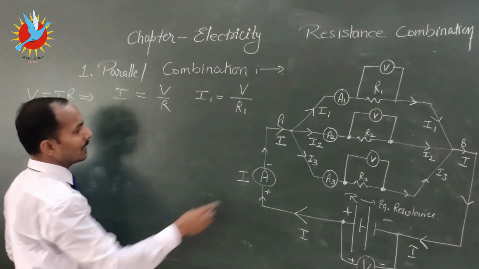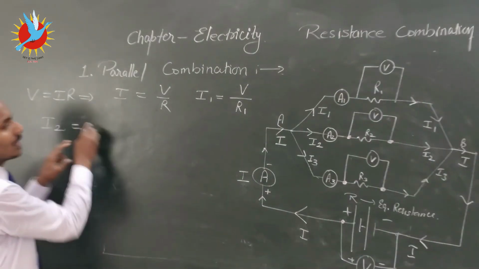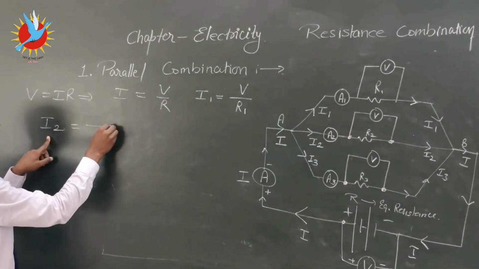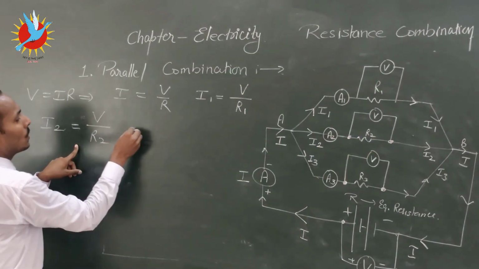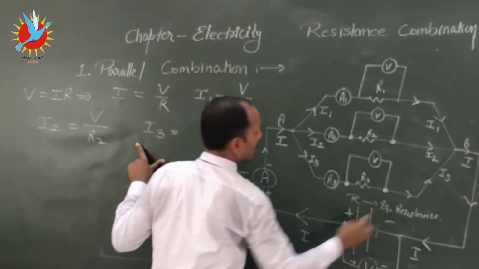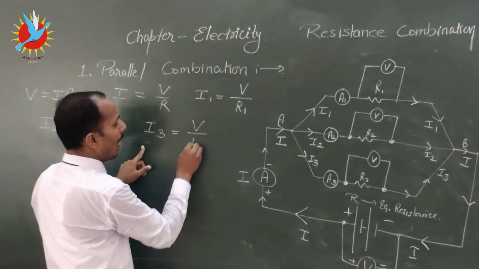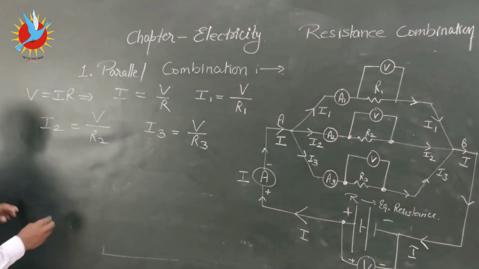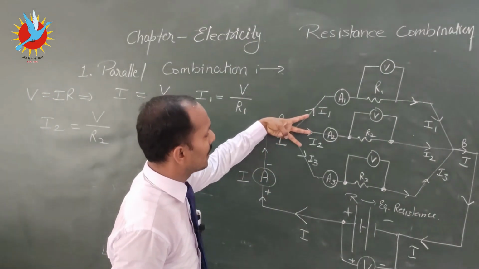In the case of the second resistor, the current is I2, because I2 current is flowing in this resistor, so I2 is equal to V upon R2. And I3 current is flowing in this branch, so I3 is equal to V by R3. Now we know that this total current I is divided into three parts.